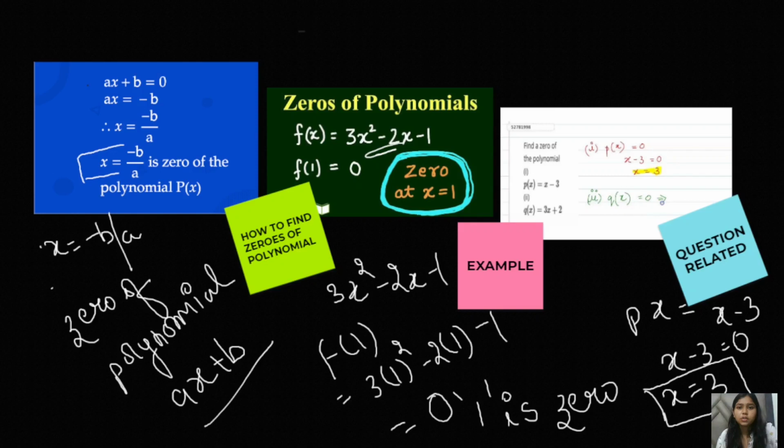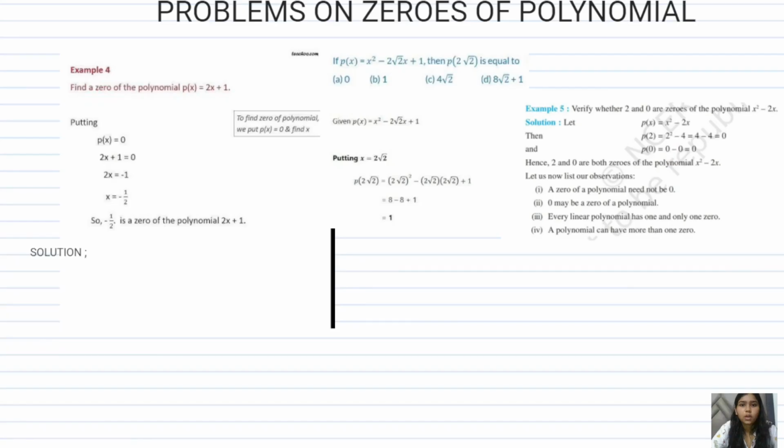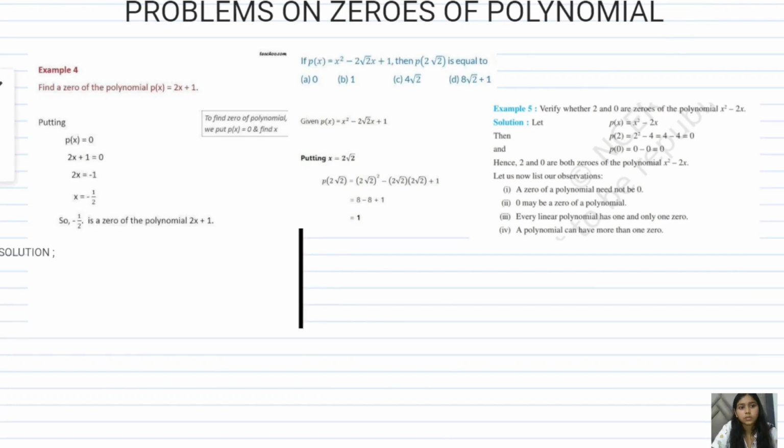So our next slide is the questions for the zeros of the polynomial. Let's solve these problems so that you can have a better guidance for these problems. First question is, find the 0 of polynomial for 2x plus 1.